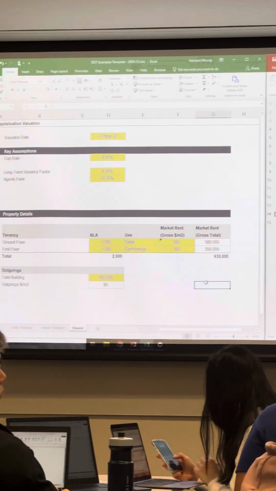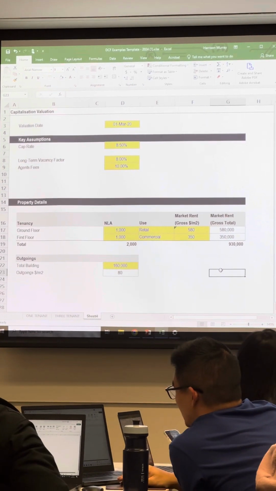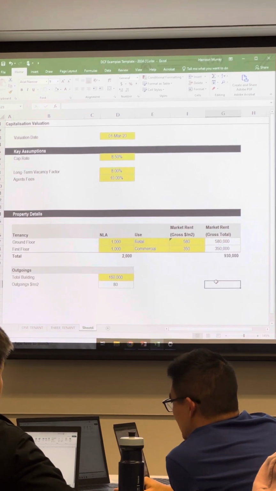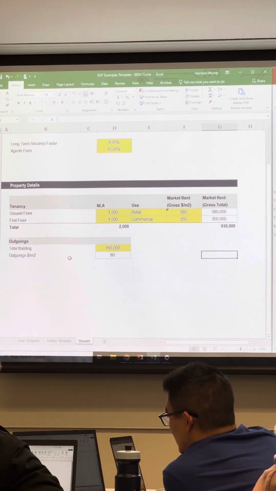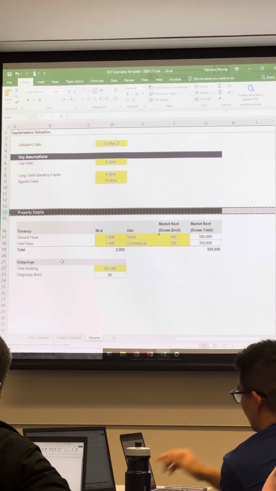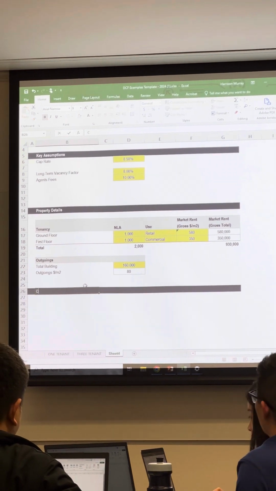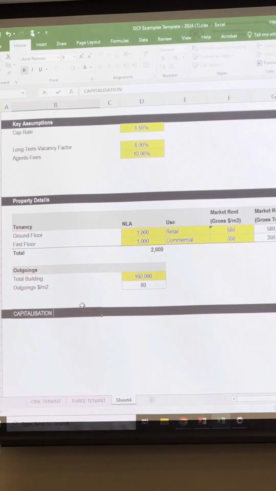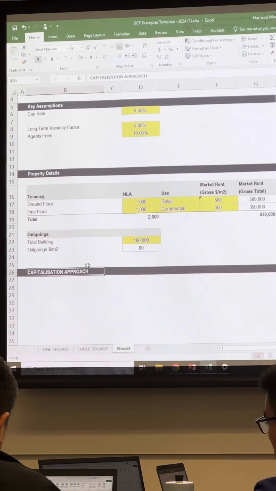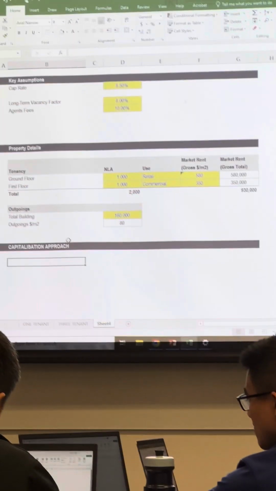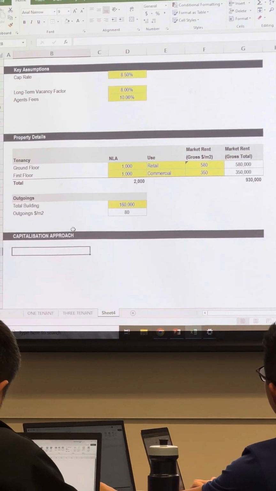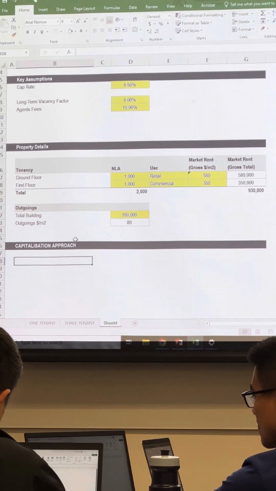Okay, so we've now got, has everyone got that total gross market rent? Okay. So now we have the first part of our cap out. So what are we going to start with?